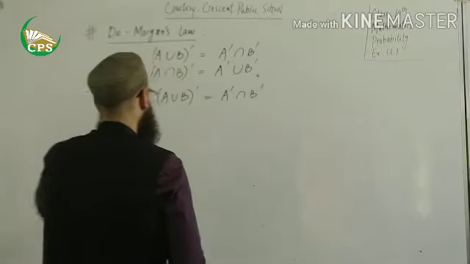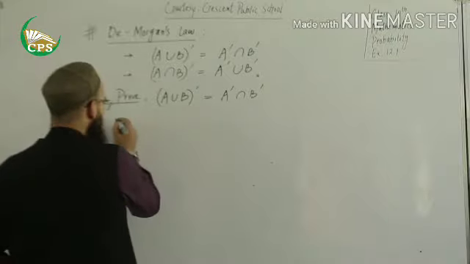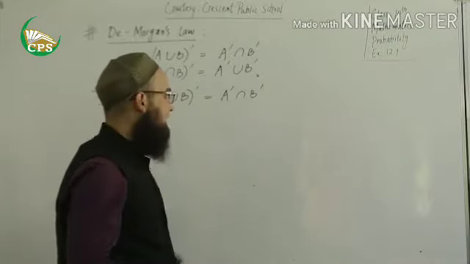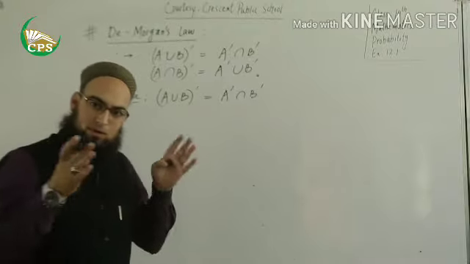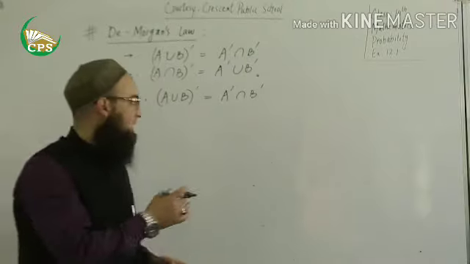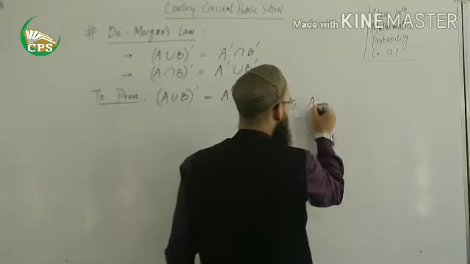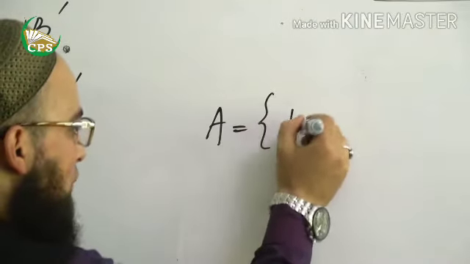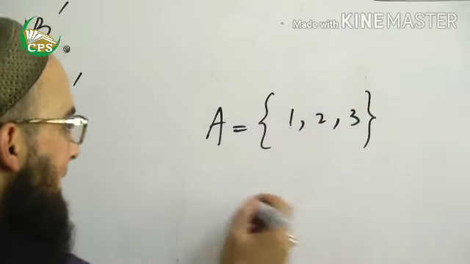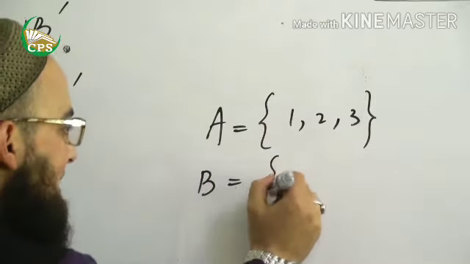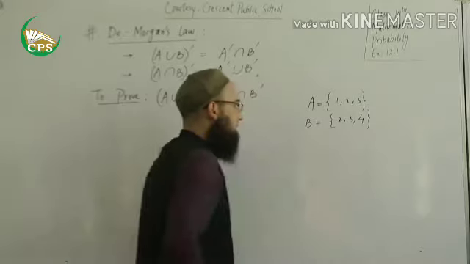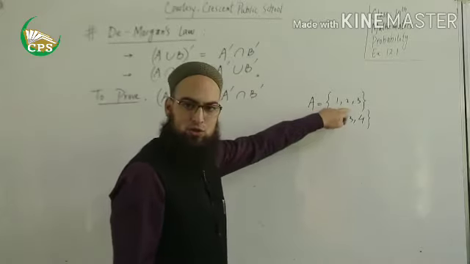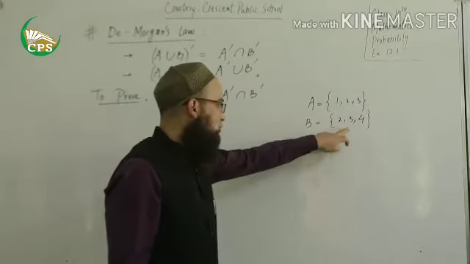Now let us understand. You know union is the combination of A and B, and intersection is those elements which are present in both A and B. For example, if I have set A is the set of all 1, 2, 3, and B is the set of all 2, 3, 4. Now these are my two sets. If A contains 1, 2, 3, B contains 2, 3, 4.